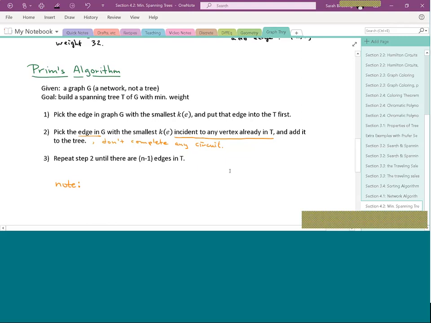Now, for Prim's algorithm, same deal as before. If there's some sort of tie between edges, and when I say tie, I mean with respect to weights, you get to pick which one you want to deal with.